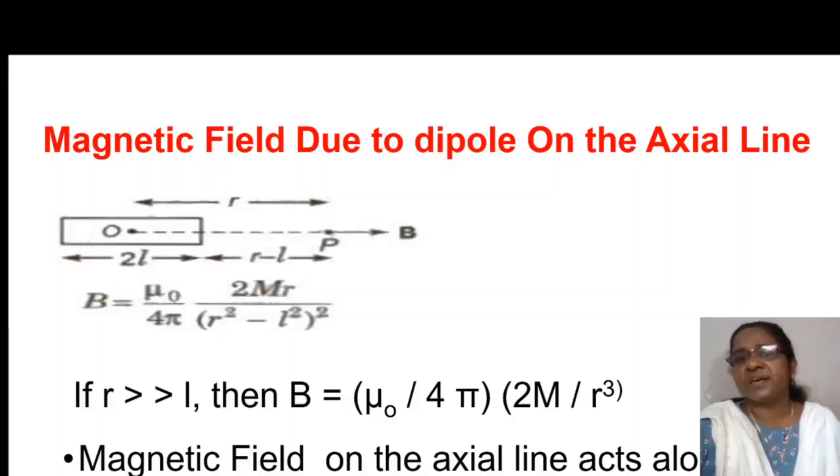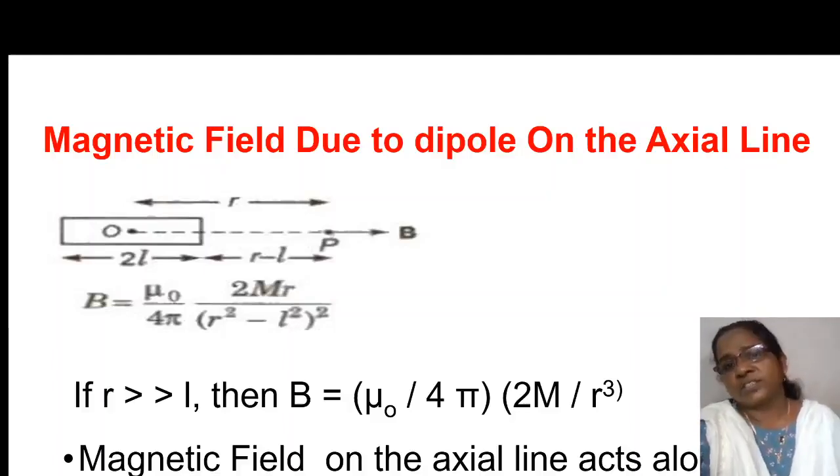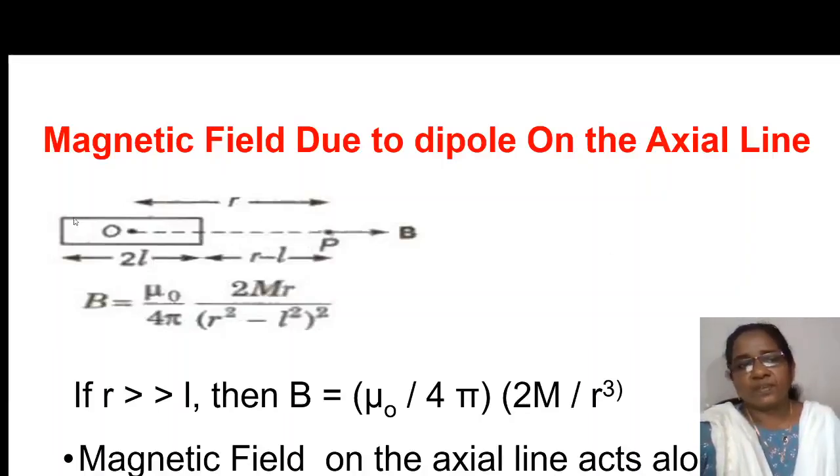Okay. Now we are going on to the derivation of magnetic field due to a dipole on its axial line. Dipole means a bar magnet because it consists of two magnetic poles. Here in this diagram, you can see a bar magnet of length 2l with the central point O. Then this is the axial line which is connecting the north and the south pole, passing through the north and south poles.